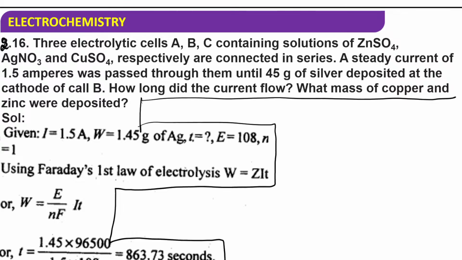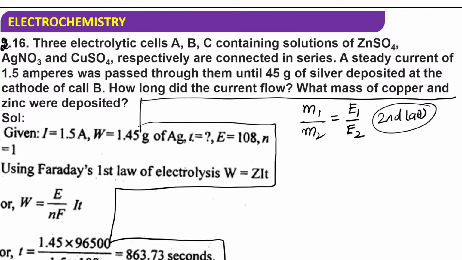As soon as you read it is connected in series, it is clear that we will apply Faraday's second law. So according to Faraday's second law, M1 by M2 is equal to E1 by E2. Right?